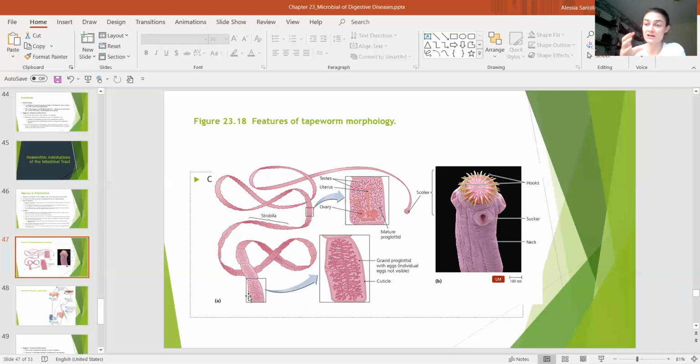But anyways, when the proglottids mate, you form a mature gravid proglottid, which is teeming with eggs. And this is what gets released. The tapeworm basically starts off with a small hook and sucker, and they bind to the intestinal lining, and then they start growing by adding on these proglottids.